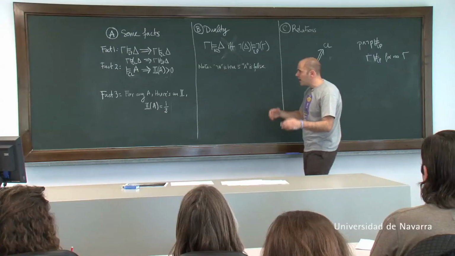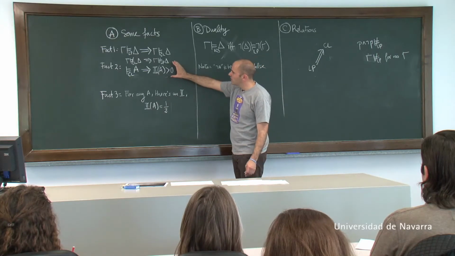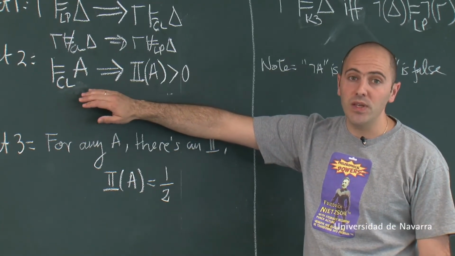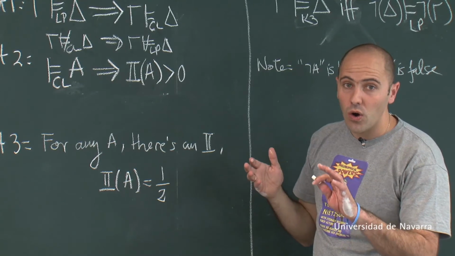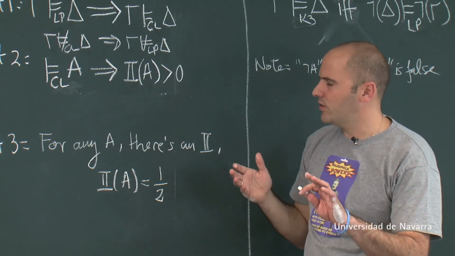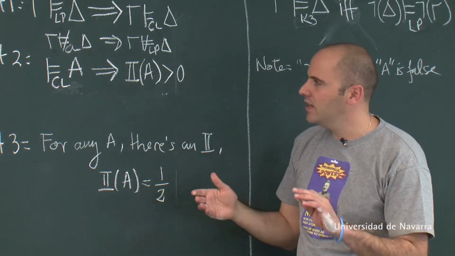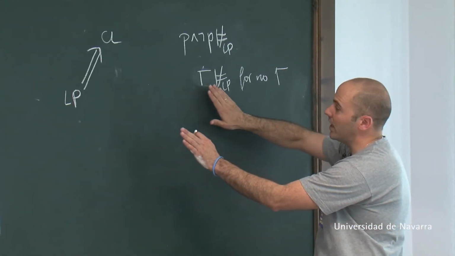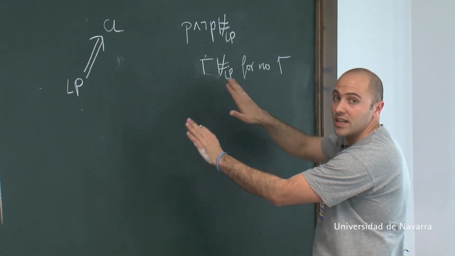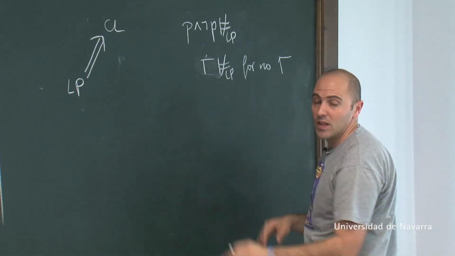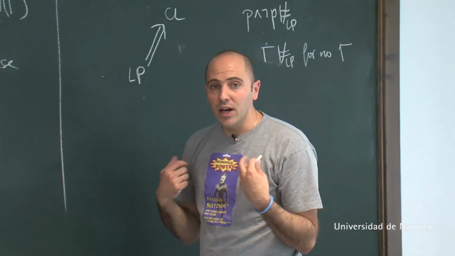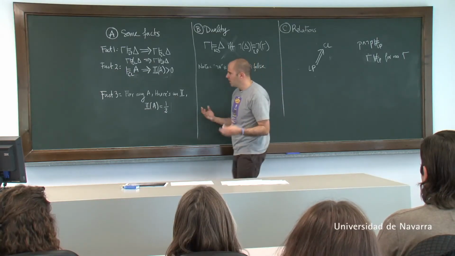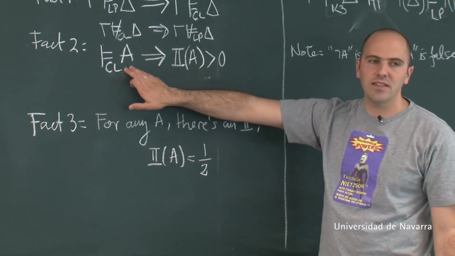Let's go for another fact. Relying on fact 2, we can show that although LP is empty on the, sorry, I said on the right. It should be on the left, right? So LP is empty on the left, right? Although LP is empty on the left, it is classical on the right. Why? Because being LP valid means not taking value 0, right? So suppose that you've got a classically valid sentence.